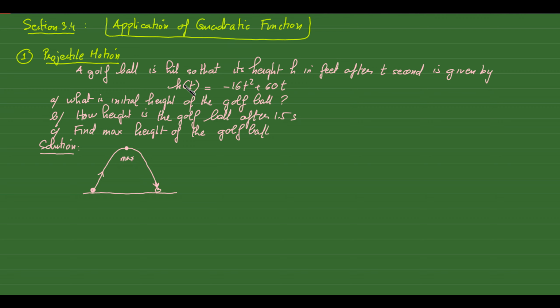This is the function in terms of height, and this function is a quadratic function. Initial height means t equals 0. So we're going to plug 0 into this function, and you have negative 16 times 0 squared plus 60 times 0, so it is 0 feet.